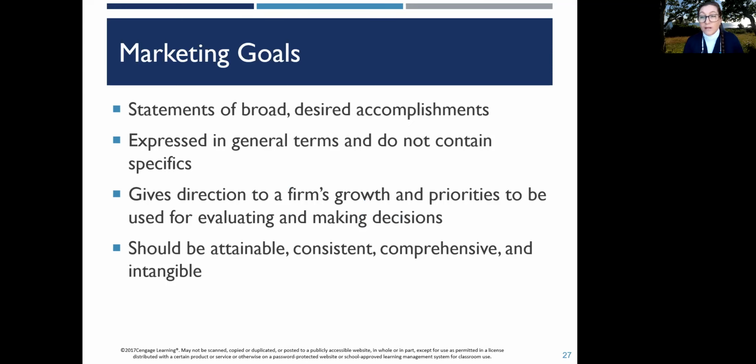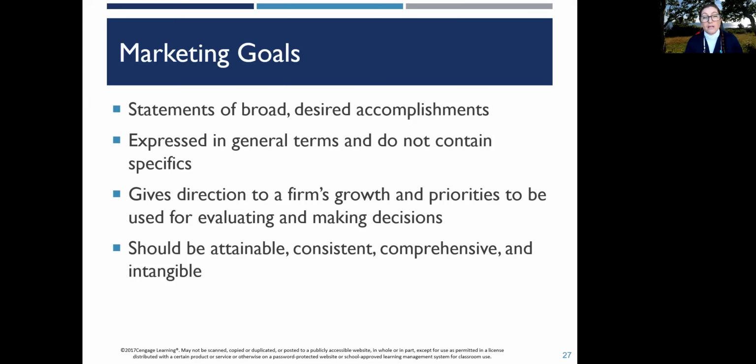All right, so looking at that SWOT, having done that SWOT analysis, what now could the organization document in terms of their goals? What are your goals? Based on your SWOT analysis, what are your marketing goals? And these goals are broad statements of desired intentions, desired accomplishments.